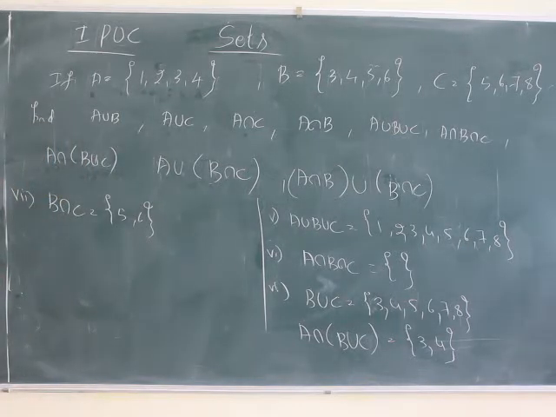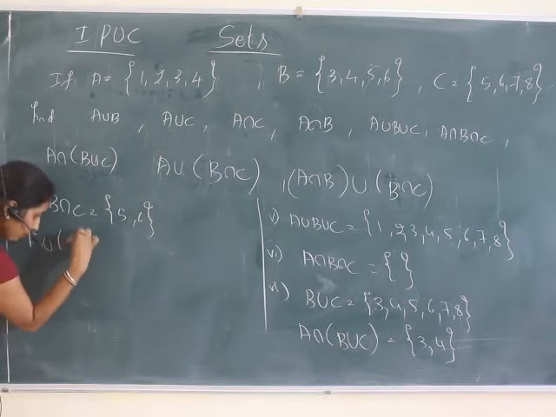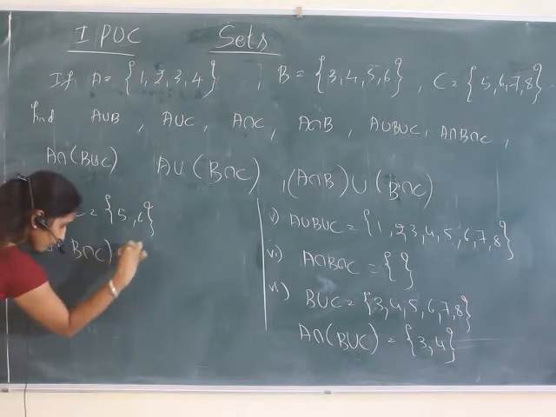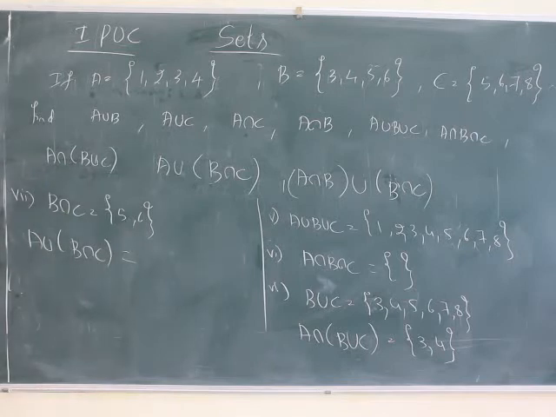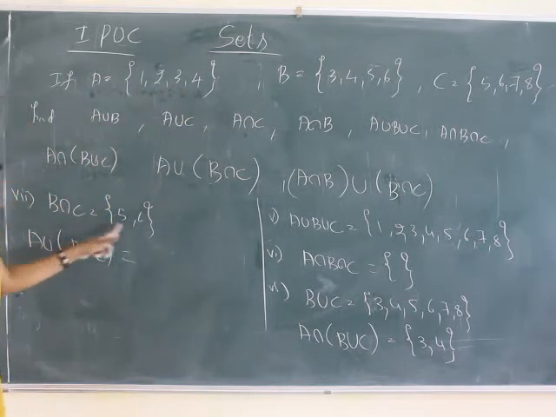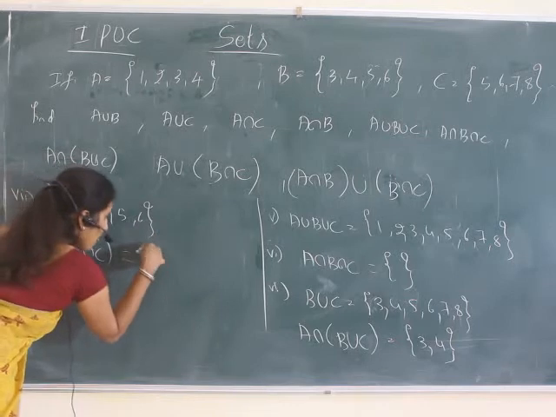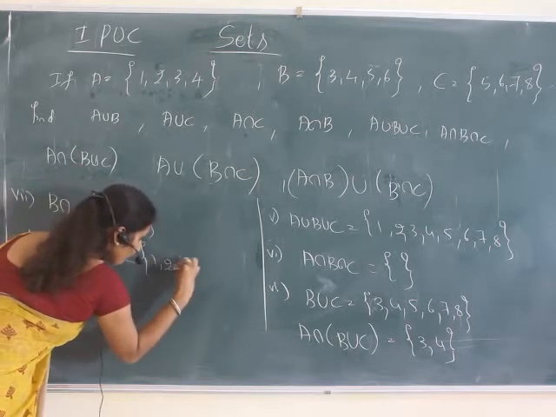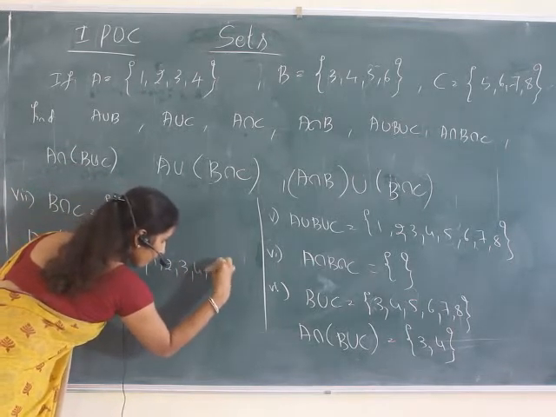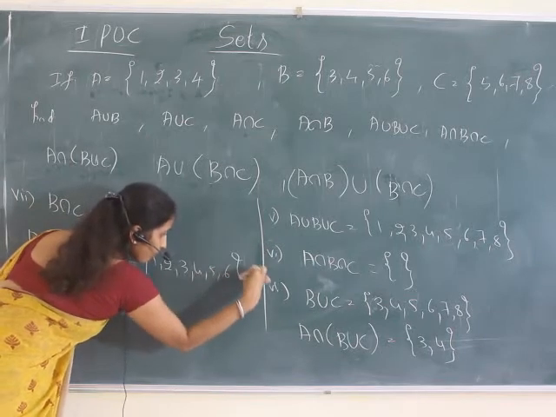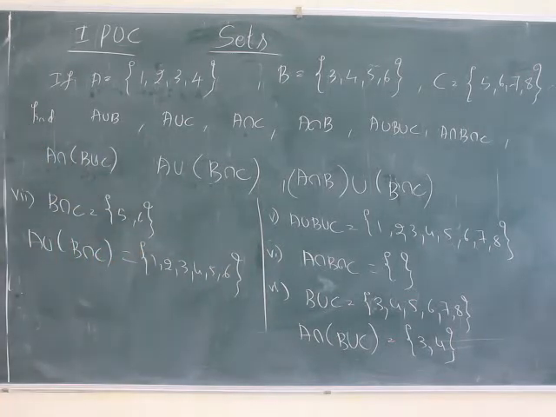Next, A union (B intersection C) means writing all the elements of A and of B intersection C. Here it is 1, 2, 3, 4 and here it is 5, 6. Together it is 1, 2, 3, 4, 5, 6.